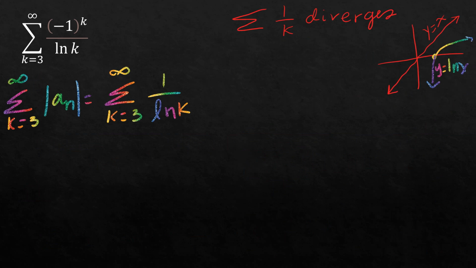Well, that looks like 1 over k. So we're going to use the comparison test. We know that ln of k is always less than k. So when you take the reciprocal, 1 over ln of k is going to be greater than 1 over k. And since 1 over k, the harmonic series, diverges, the bigger series also diverges.